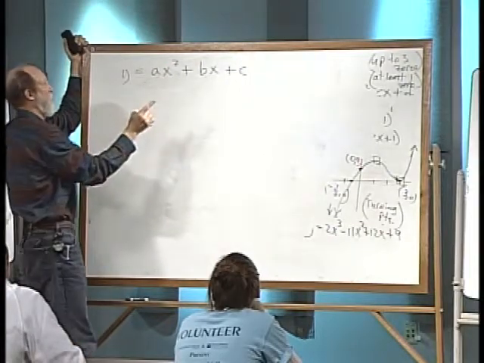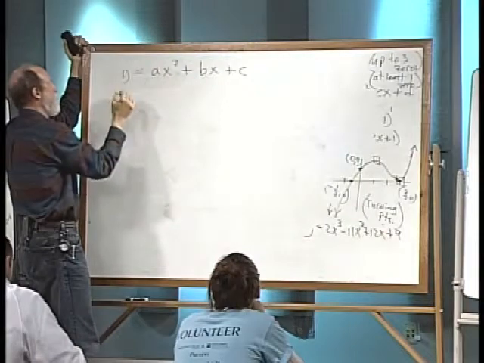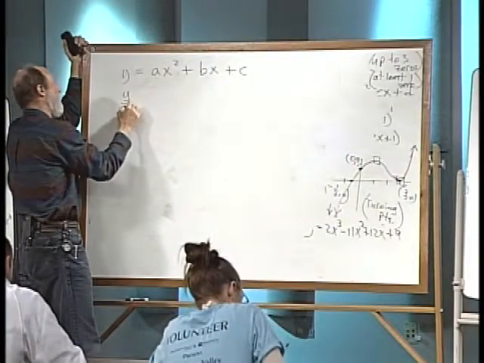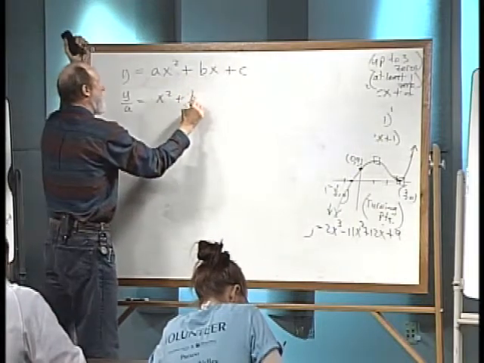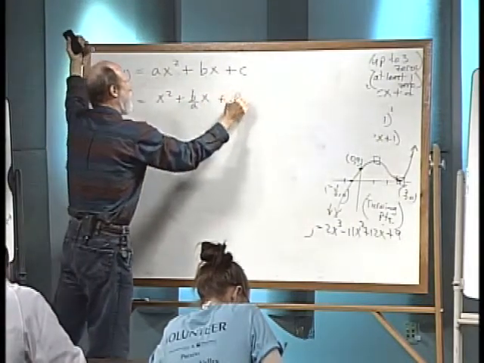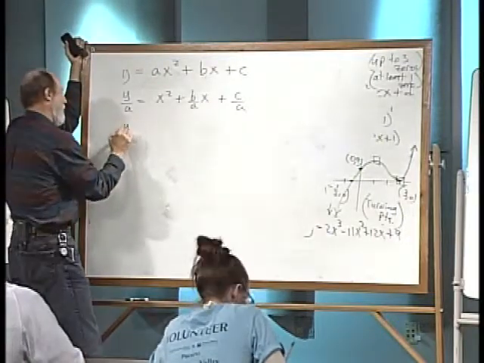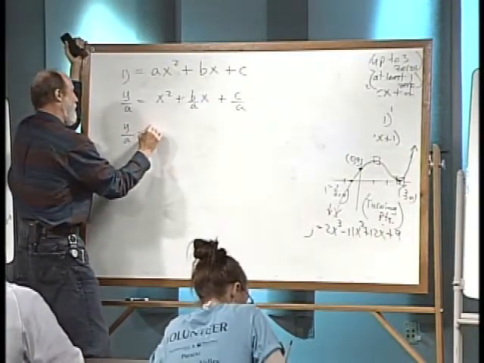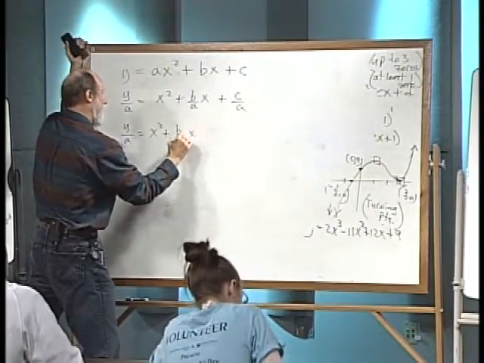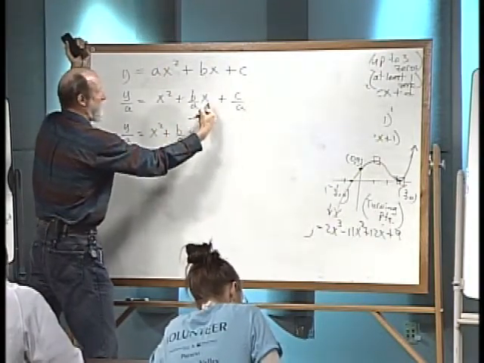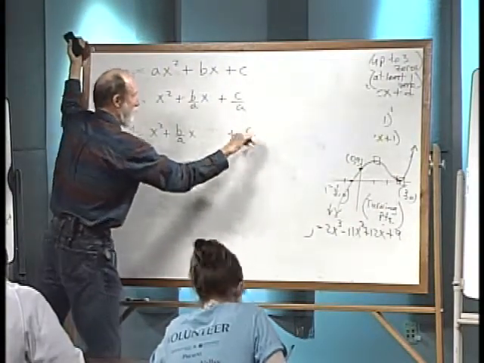So there's several ways I could do it. One way, what I'd like to do today is divide both sides by a. And so I'm going to write this as y over a equals x squared plus b over a times x plus c over a. I'm now going to leave a little space after the linear term, and c over a stays on the outside there.